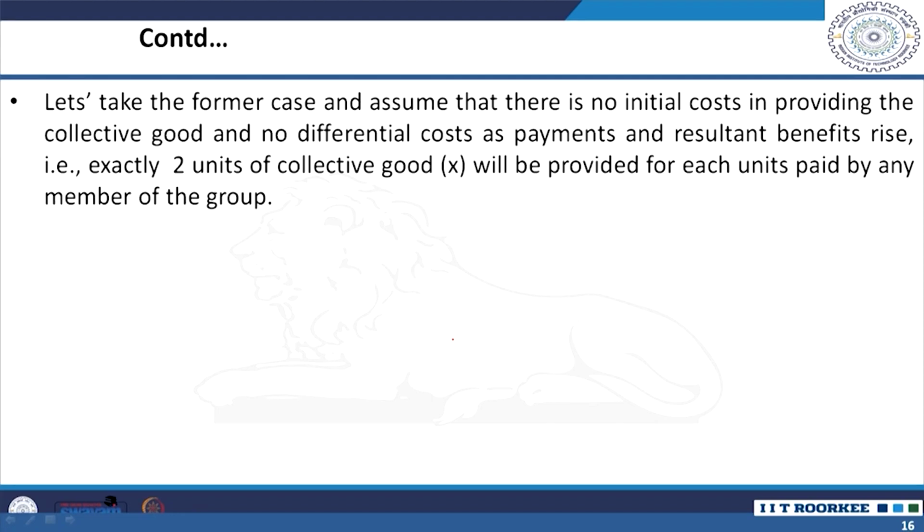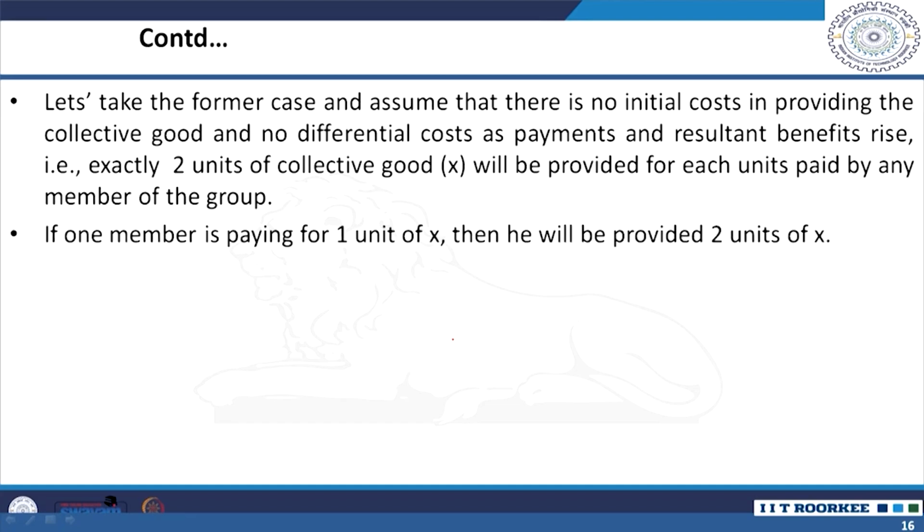In this context, we are talking about exactly 2 units of collective good, that is x, which will be provided for each unit paid by the individual members in the group. So, if the individual member is paying 6 rupees, then they must be getting 2 units of the collective good itself, that is x.